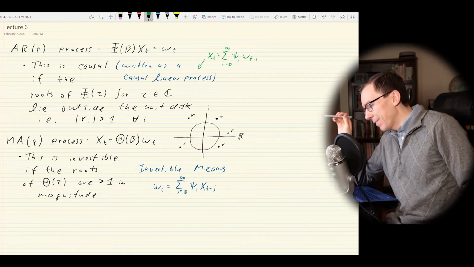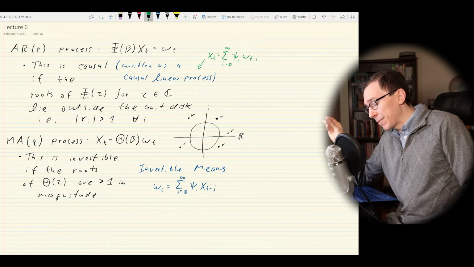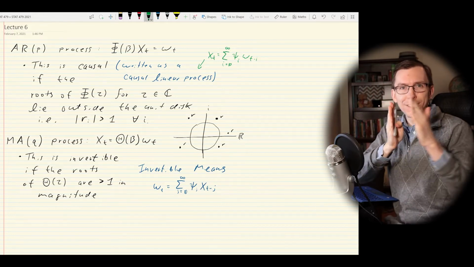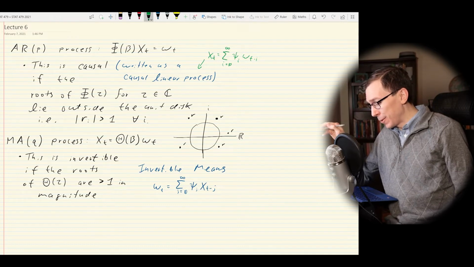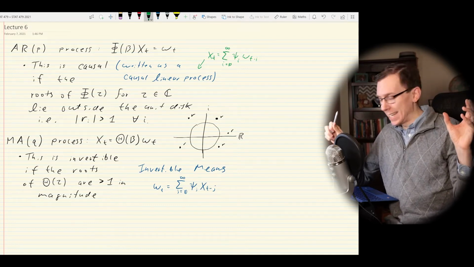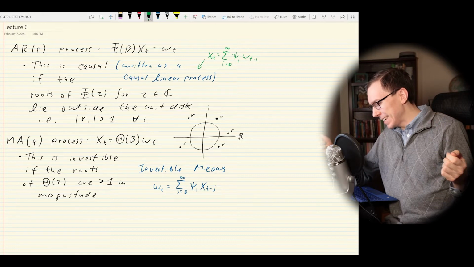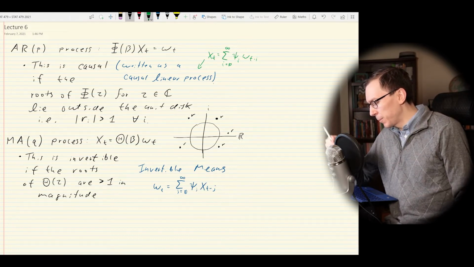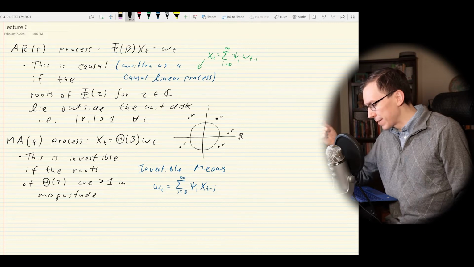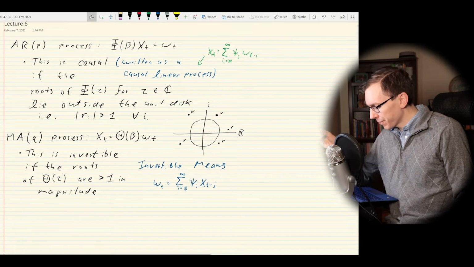But the point is that if a process is causal, then I can write xt as a sum of white noise from the present all the way into the past. If a process is invertible, then I can write the white noise as a sum of the xt's of the process itself, with some coefficients going off into the past as well.